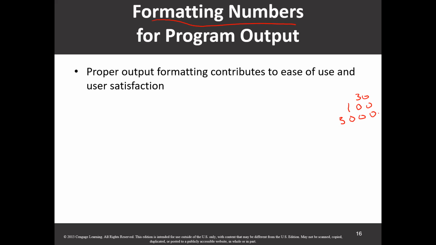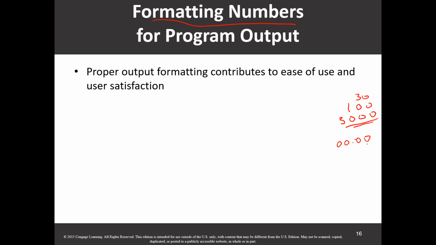3,000, and this is the 100, this is the 10, and this is the ones. In order to keep this formatting in a very neat and good way, we have to tell the compiler what exactly we are aiming for. For example, if we would like to print a double or a float, and we want to specify only 2 digits of precision, the decimal point, in 2 digits here.